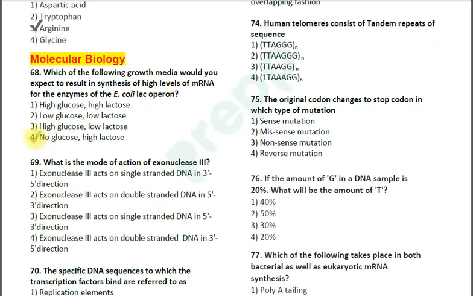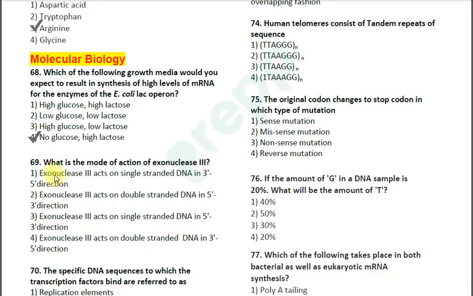So here the most appropriate option is no glucose, high lactose. If there is no glucose and there is a higher amount of lactose, then the lac operon will be switched on and high levels of the enzymes will be produced.